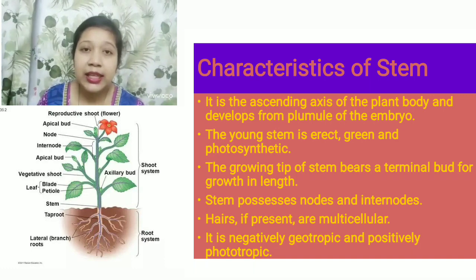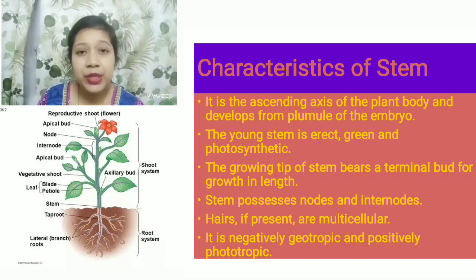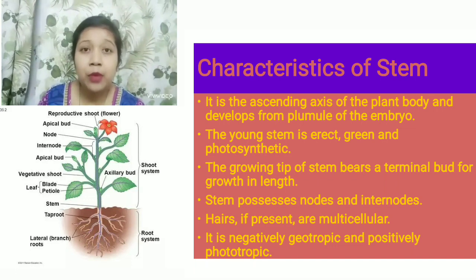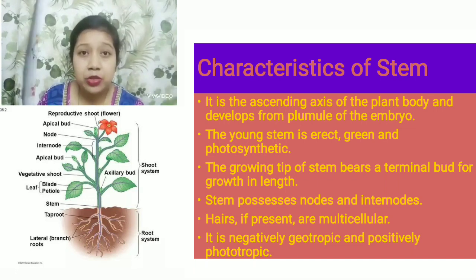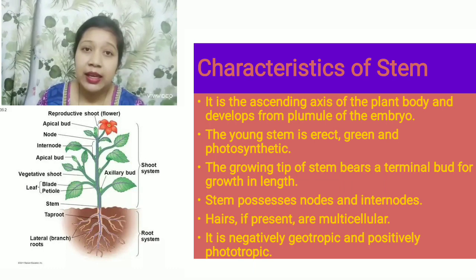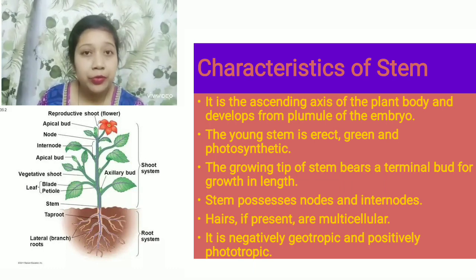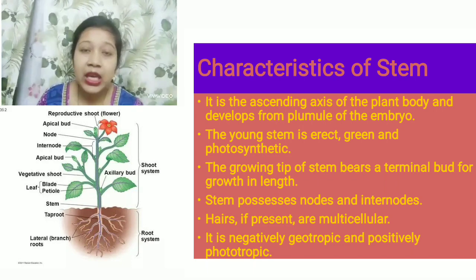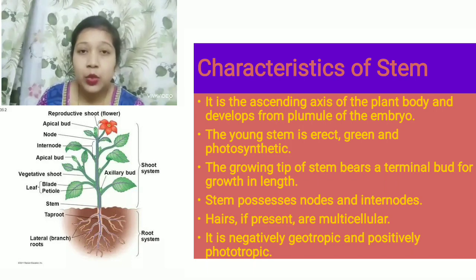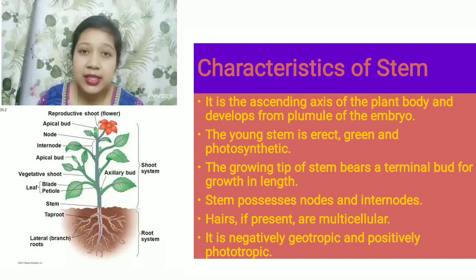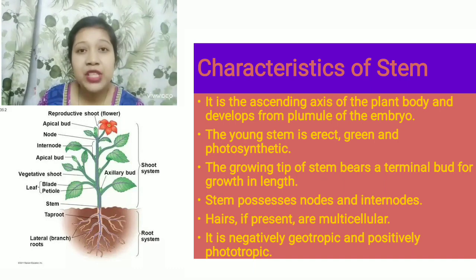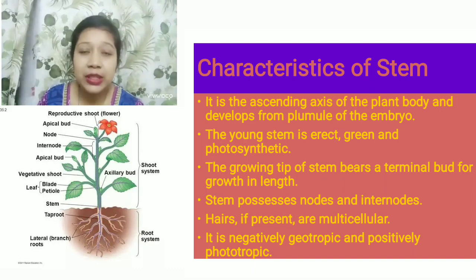As we know, the embryo bears the important tissues which form the three important parts of the plant body. In the case of the root, we've already found that it was the radicle. Now in the case of the stem, the part from where the stem arises or gets its origin is called the plumule, which is generally present in the epicotyl region of the embryo.